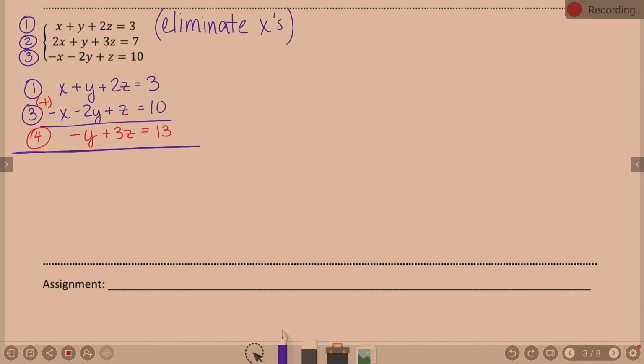And I would say 2 and 3 because at least we have a positive and negative. So let me write down my 2 and 3, and then I'll take you through the process. So 2 is 2x plus y plus 3z equals 7. 3 is negative x minus 2y plus z equals 10.